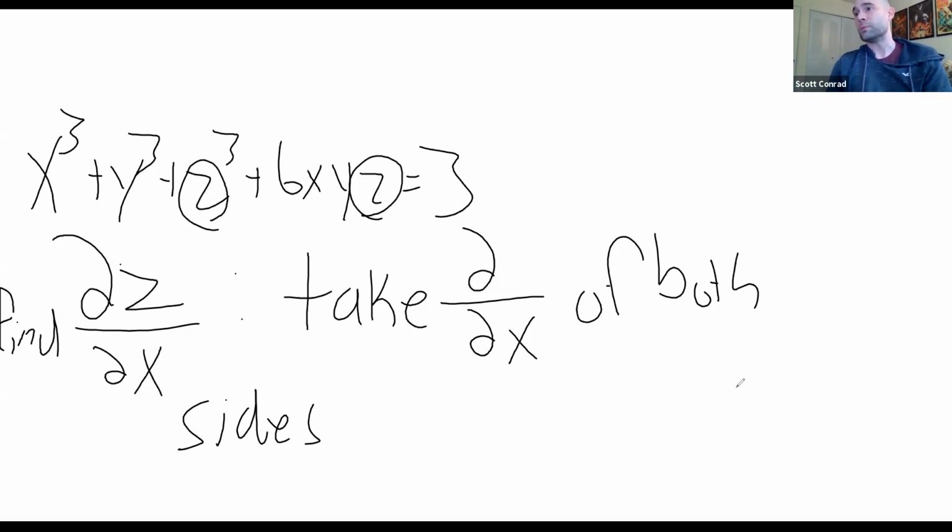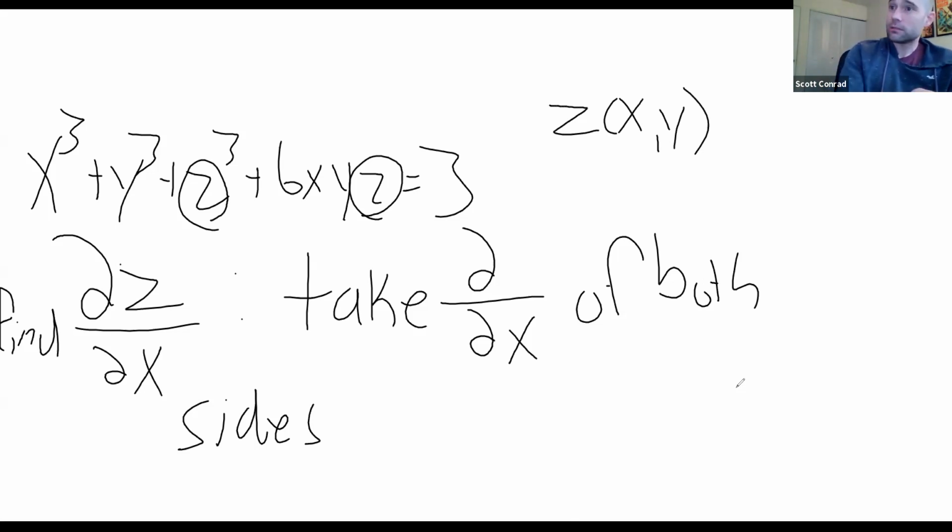So what do we do when we see z? Remember, z is not really its own independent variable. Z is a function of x and y. So we can take the partial of z with respect to x.